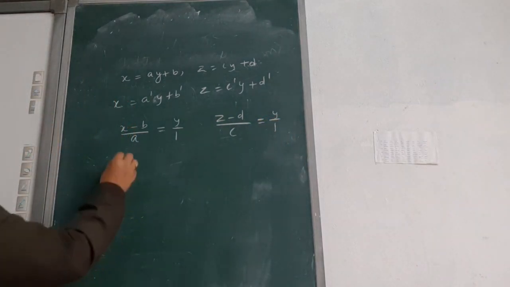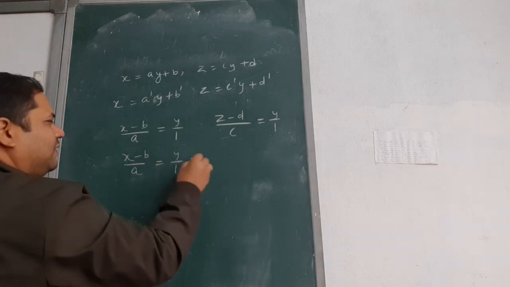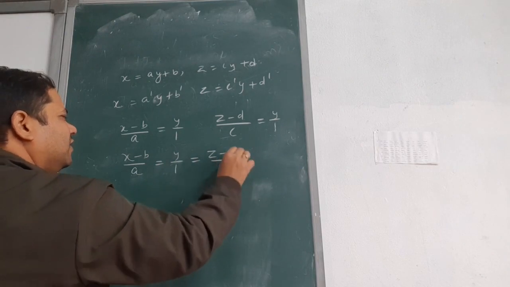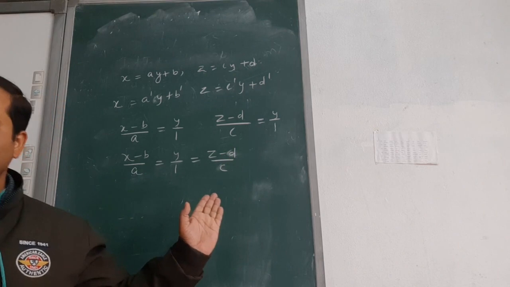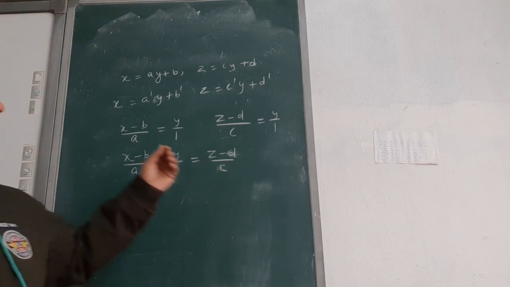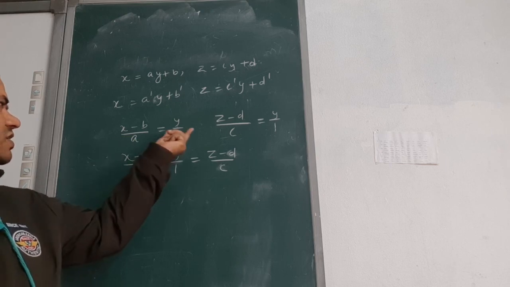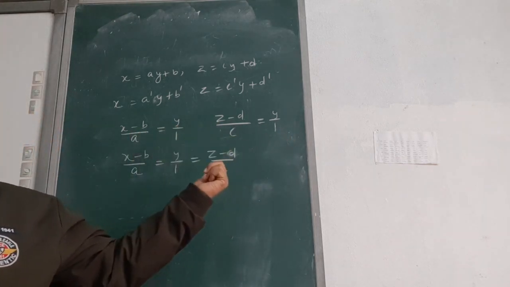So you can write it as x minus b upon a is equal to y upon 1 is equal to z minus d upon c. You know this thing? Now it is converted in the form x minus x1, y minus y1. Why can we take x minus b upon a? Because this is also y by 1, so all are equal.